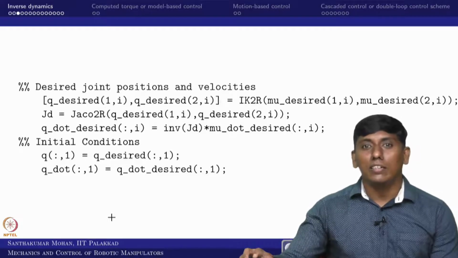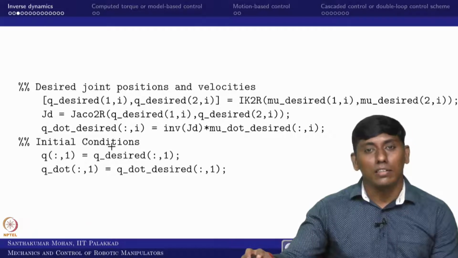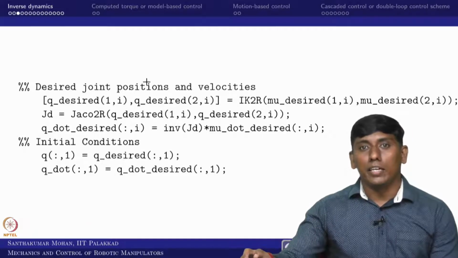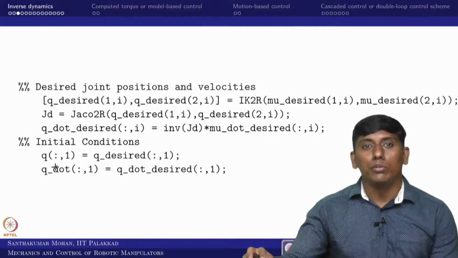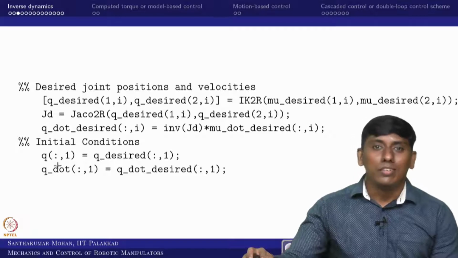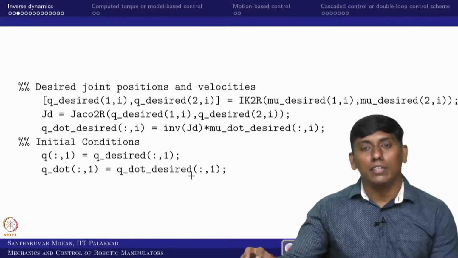The initial condition is supposed to be the same for the actual and the desired. So instead of deriving it directly, whatever the first desired value is, we equate to q and q dot. So your initial condition is defined here.